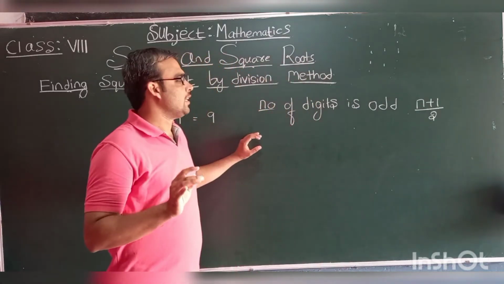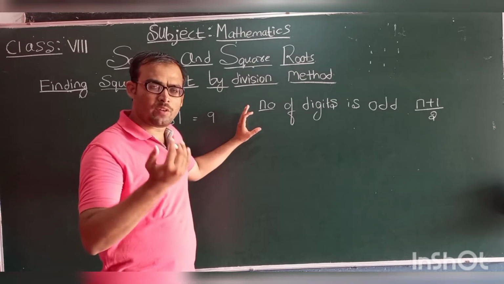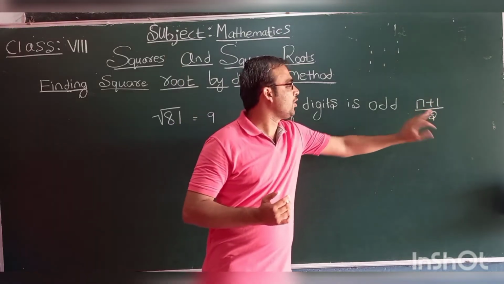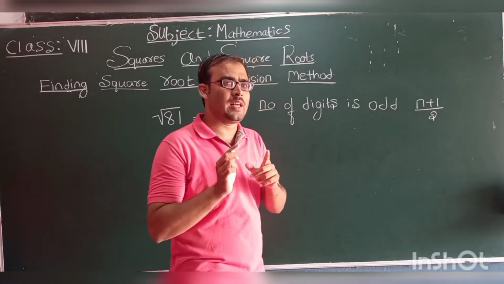If the number has an odd number of digits, then to find the number of digits in its square root, we use n plus 1 by 2.